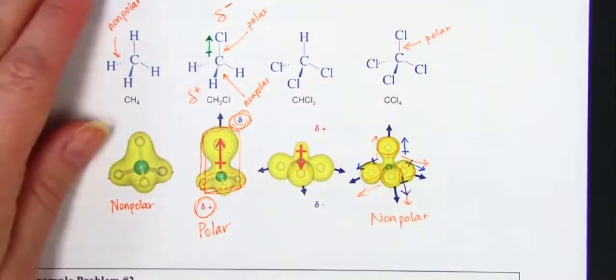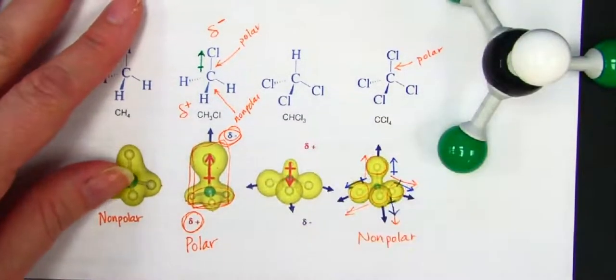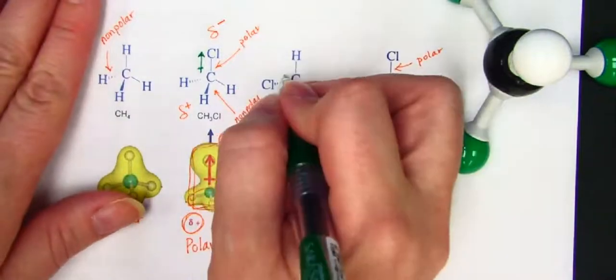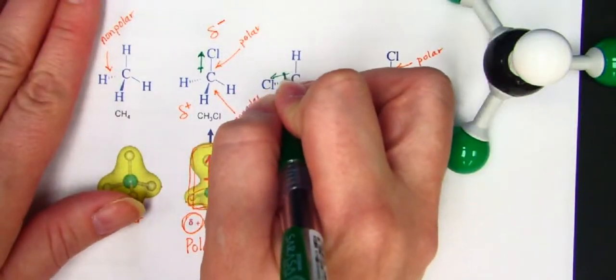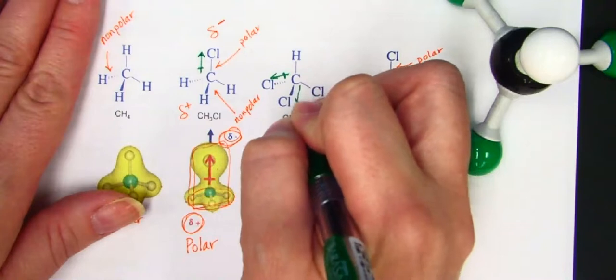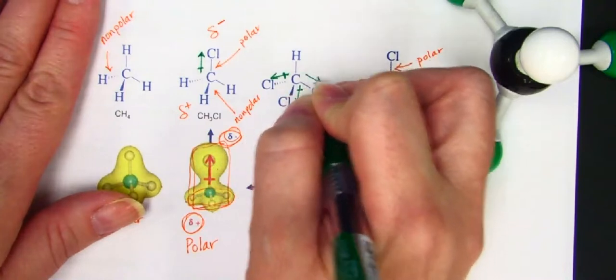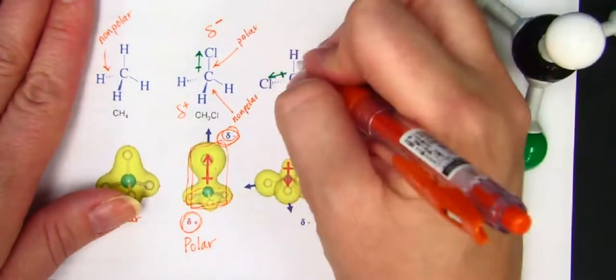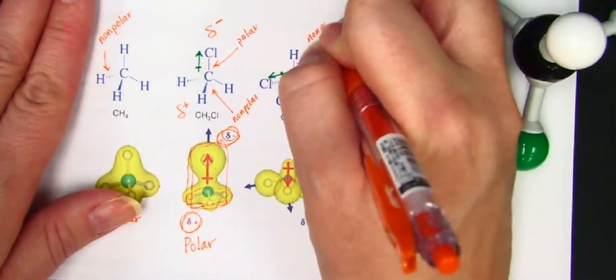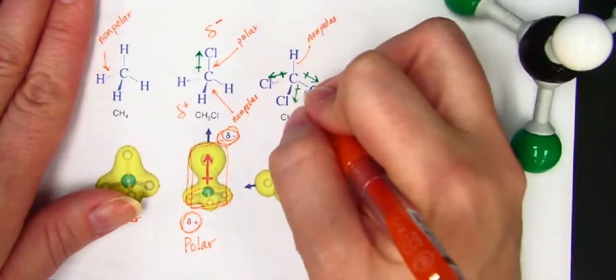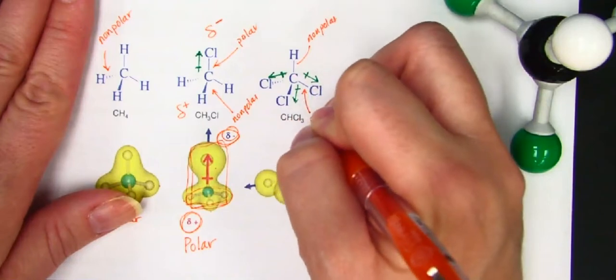Just like we have North Pole and South Pole, this has a negative pole and a positive pole. For the other one, my chlorines are actually pulling the electrons all towards themselves. And again, the carbon and hydrogen bond is going to be nonpolar, and they're going to share the electrons equally. But my carbon and chlorine bonds are polar.